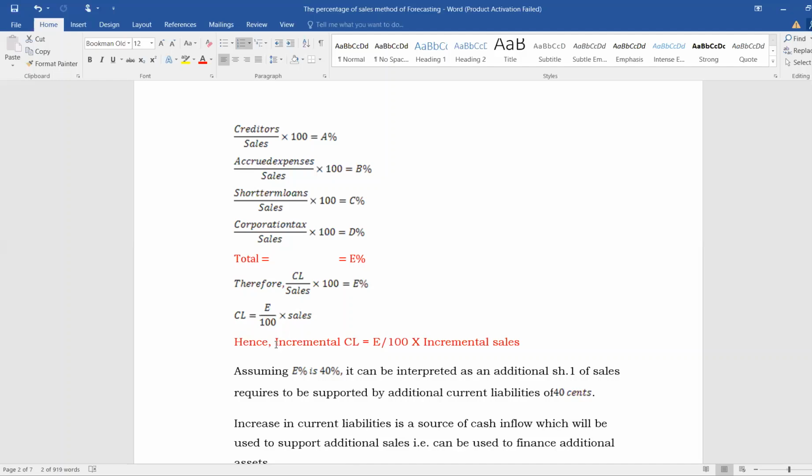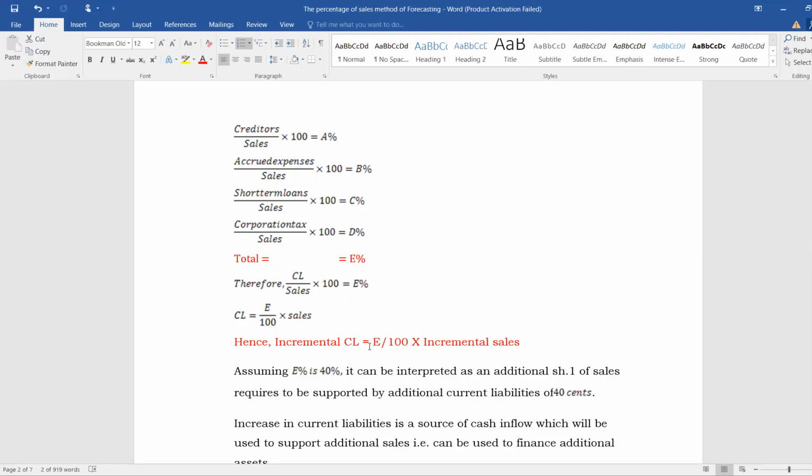Hence, if you take the incremental approach to the estimation of current liabilities, then we say incremental current liabilities is E% times incremental sales. Now, this is the relationship, ladies and gentlemen, that shall help us to answer the question I posed to you. That if sales were to increase by 1 shilling, current liabilities will increase by so much.